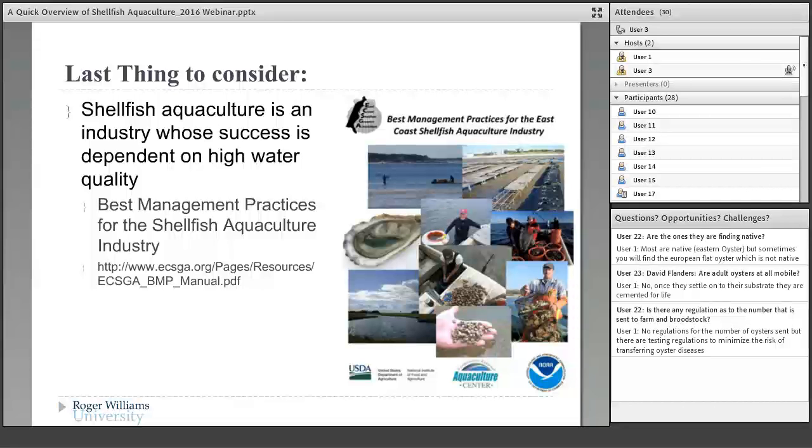And along those lines, there are a number of published best management practices manuals that are available to the shellfish aquaculture industry. The one that we show here is one that was put together by the East Coast Shellfish Growers Association. It provides a series of recommendations in terms of how an aquaculture business should conduct itself to minimize the environmental risk of the operation.